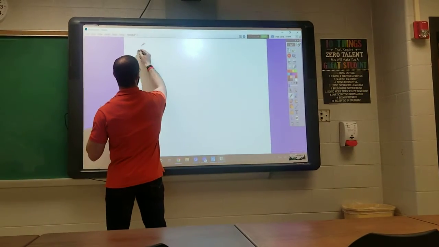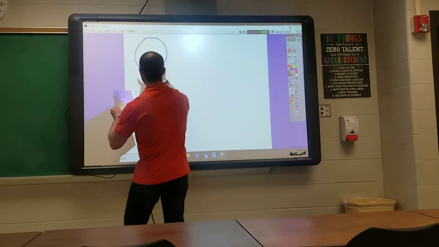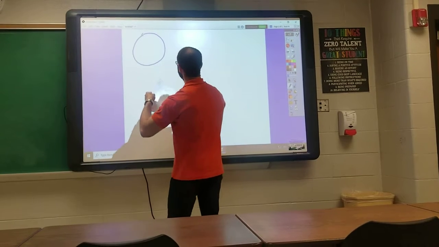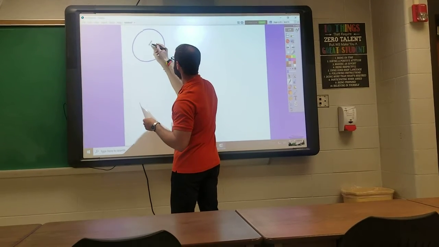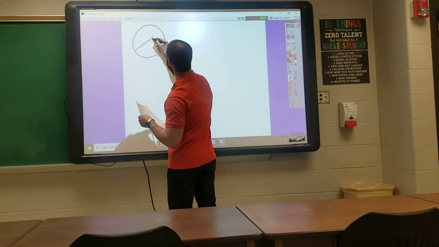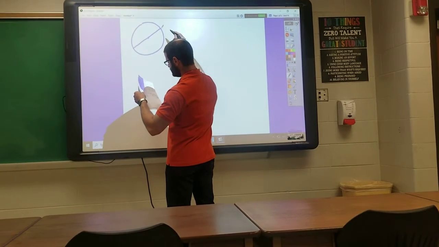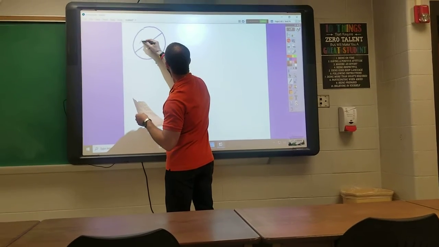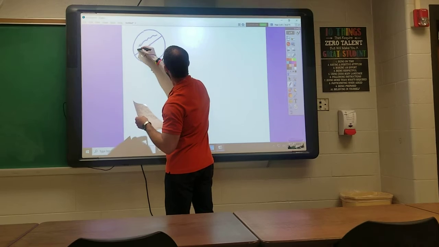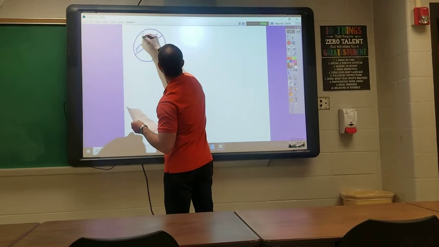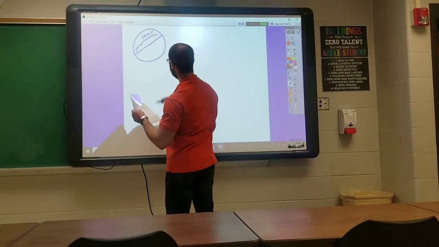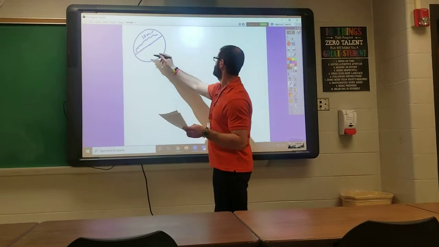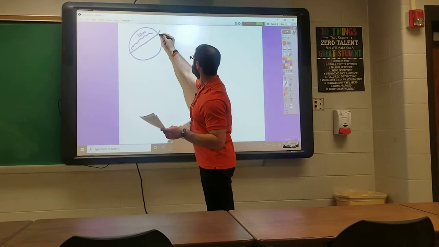So let's say I have a circle, and here's the center point, and I'm going to say that this distance here is 10 meters. So this entire distance here.